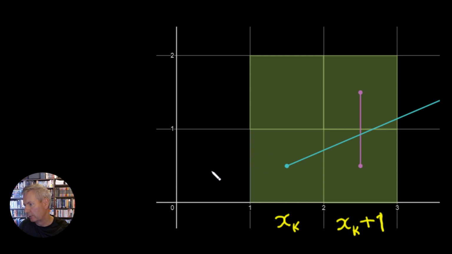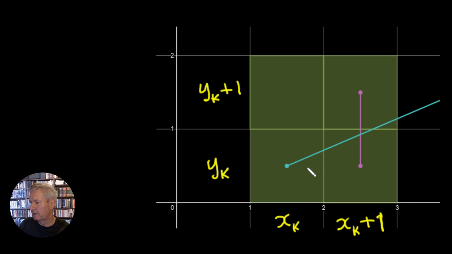Now, in the y direction, we're going to have the block at the bottom, which is going to be called the kth block. So that's going to be y subscript k. And whenever we go up the way, it's going to become y k plus 1.